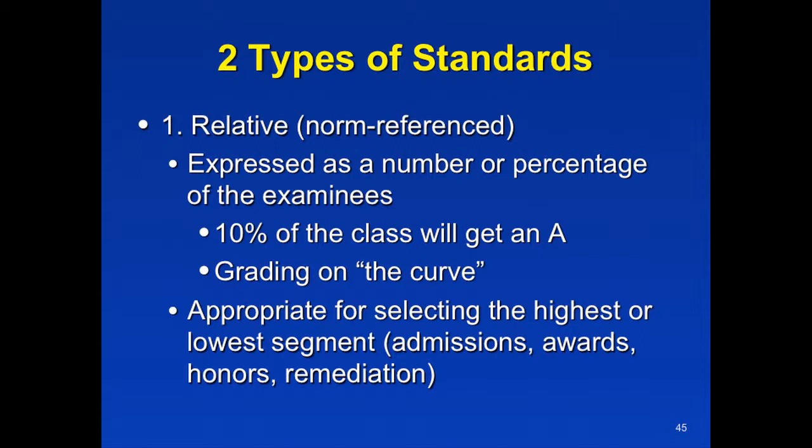But the top 10%, no matter what their scores are, will get the A. So that's just grading on the curve. Something some of you may like, some may not like, but it is a way of setting standards. And these standards are designed to get a specific number of people in a specific category.